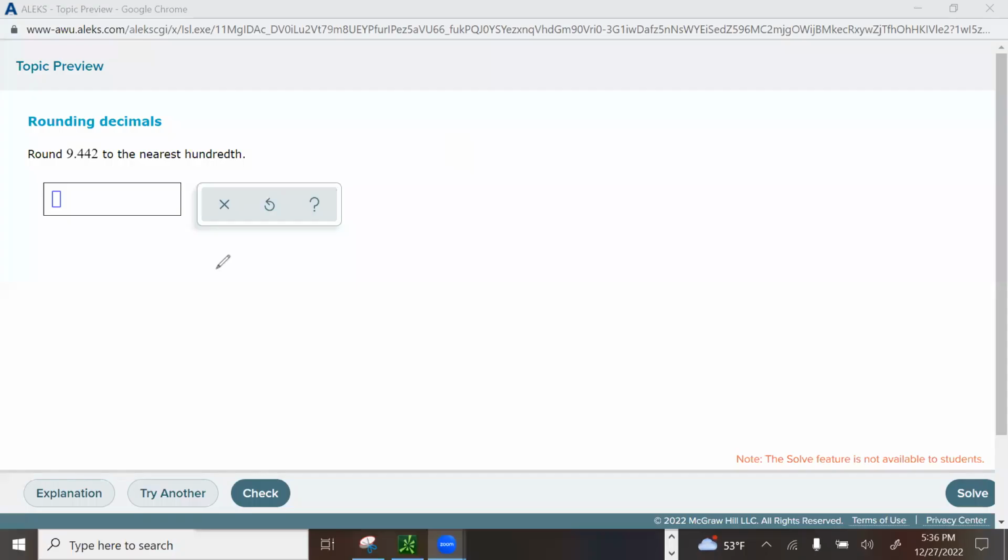Okay, so now we're going to do a little bit of rounding because that's something that definitely gets used in the world. For example, I'm like, okay, one item is $9.98 and another item is $12.48. I'm not going to do that in my head, and I'm not going to pull up my calculator.